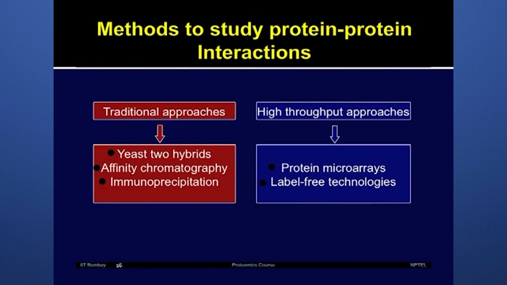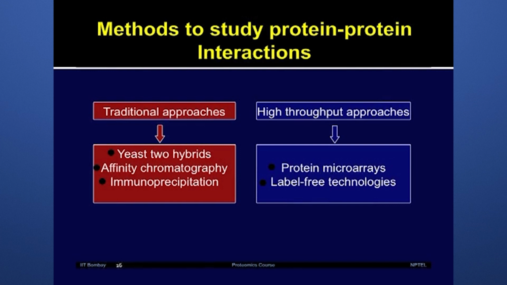The traditional approach has heavily used yeast two-hybrid, affinity chromatography, and immunoprecipitation. The more recent approaches include high throughput technologies such as protein microarrays and different types of label-free technologies. The label-free technologies will be discussed in more detail in the subsequent lectures.